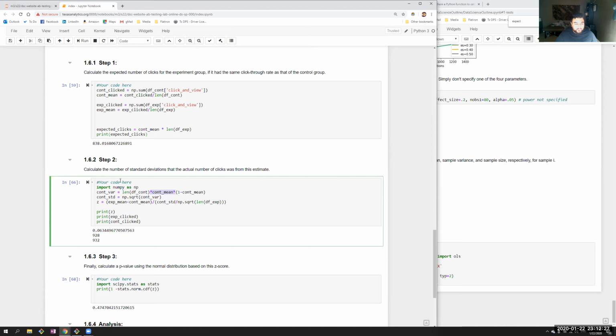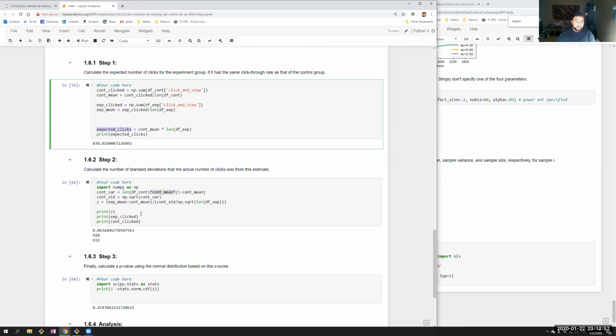Now that I think about it, I wonder if I should have done expected clicks minus the actual clicks, and seen how many standard deviations away that was. Do I use it as fractions? I'm kind of lost here.